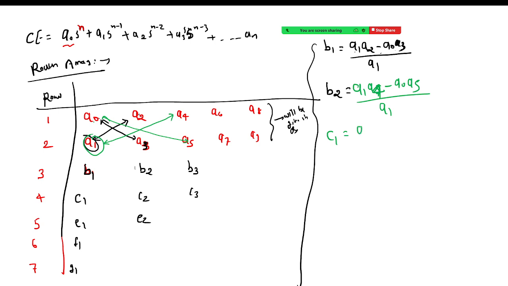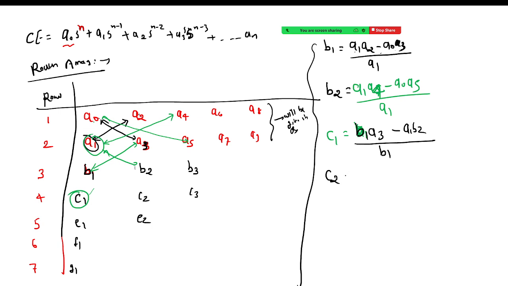And similarly, I'll be writing C1. Now here I have to calculate C1. Are you getting it? For C1, I'll be multiplying B1 A3 minus A1 B2, and that divided by B1.